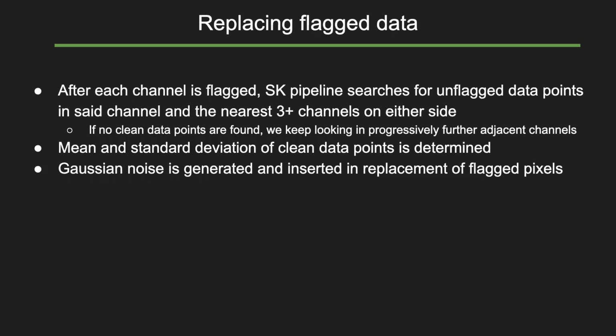So we're looking for clean data. And if we don't see any clean data in those 7 channels, it keeps adding progressively further adjacent channels. Then it simply computes the mean and standard deviation, makes some Gaussian noise, and inserts that in replacement of the flagged pixels.